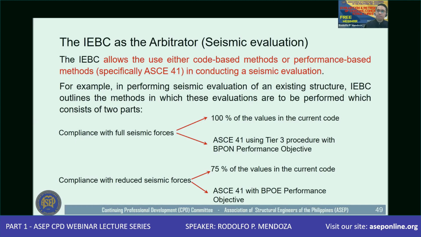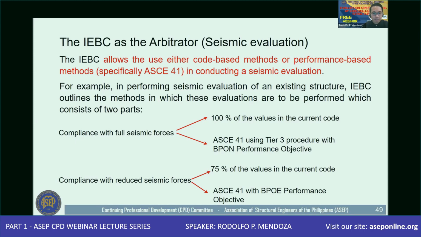Now, for example, the IEBC sets two procedures, or a two-step procedure, that you can select when you want to conduct a seismic evaluation, depending on the type of work you are going to perform. So that means the selection of the type of compliance depends on the type of work you are going to perform on an existing structure.